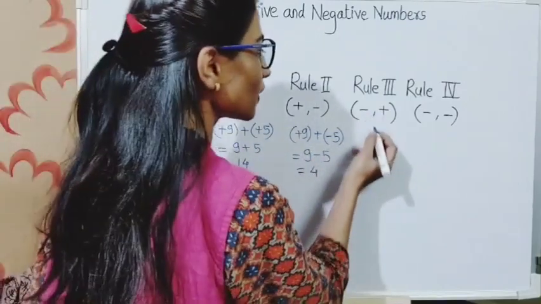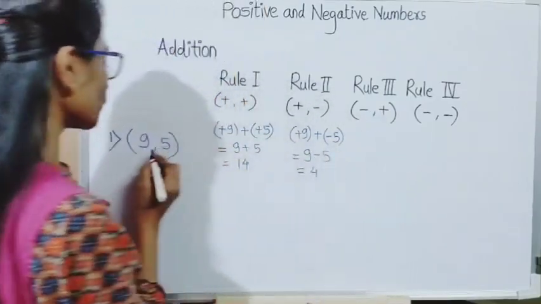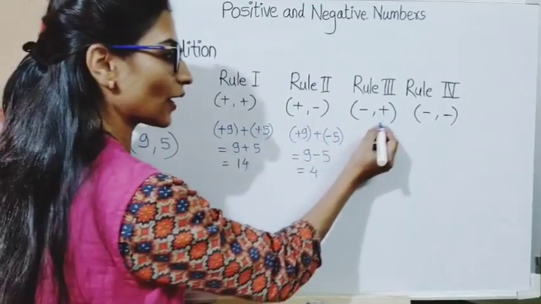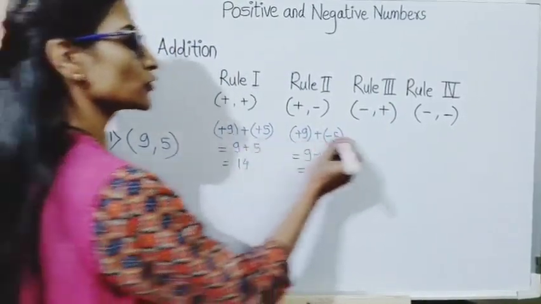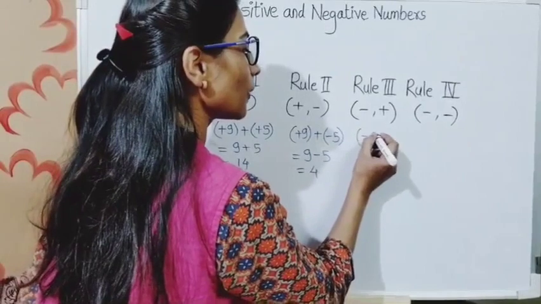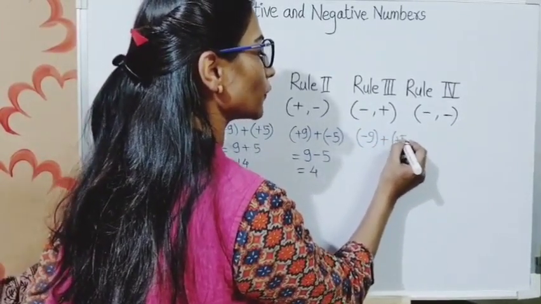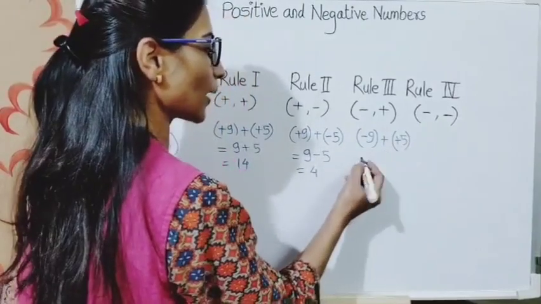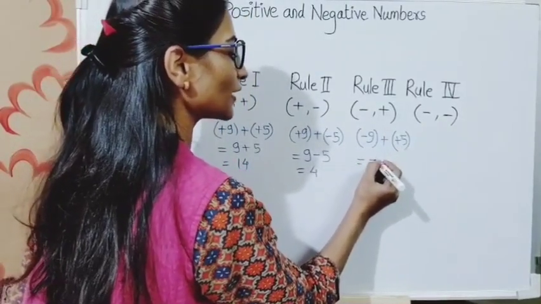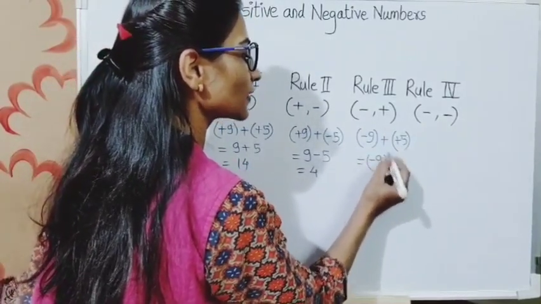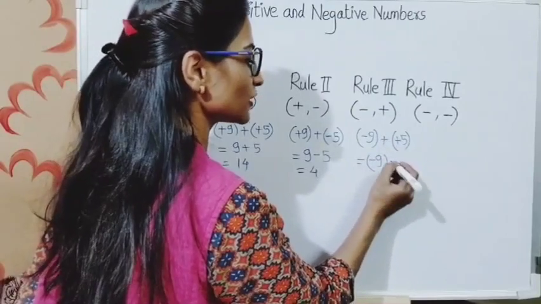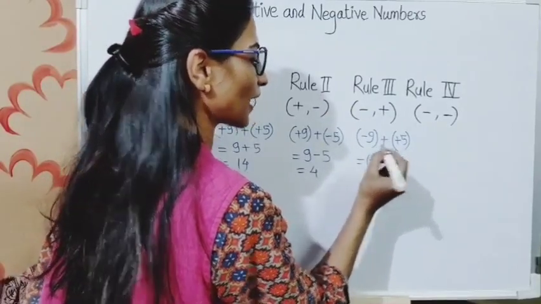Now according to the third rule we have to take the first number negative and the second number positive, so we will write here negative 9 plus positive 5. In this case, what will happen? This negative 9 remains as it is, and this plus 5 has no change in sign, it will remain as it is.